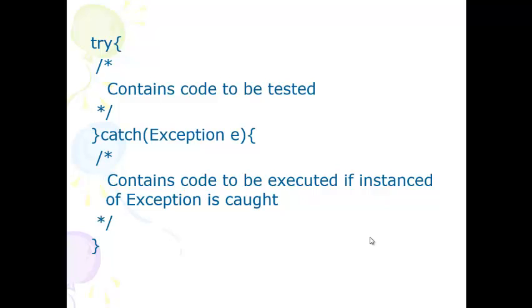First, the try. The try clause, which contains open and close curly braces, holds the code to be tested, so any operation that you want to test first before it is thrown to the catch.